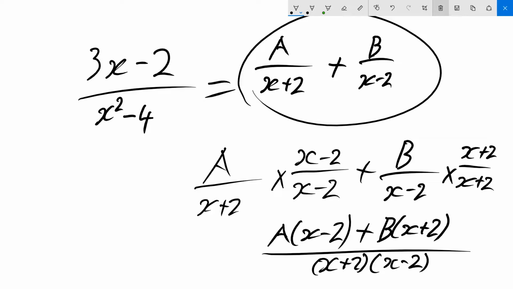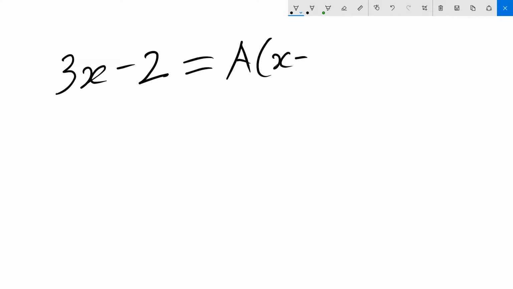So what we do is we get the numerator of the first fraction and we make it equal to our a plus b here, and then we're just gonna have to sub in various x values so we can solve for either a or b.